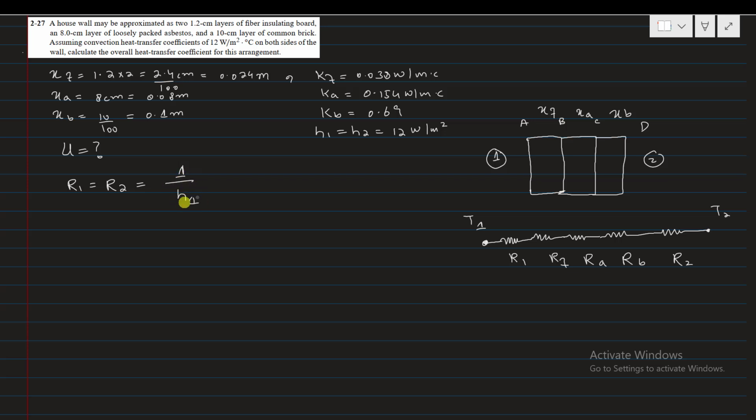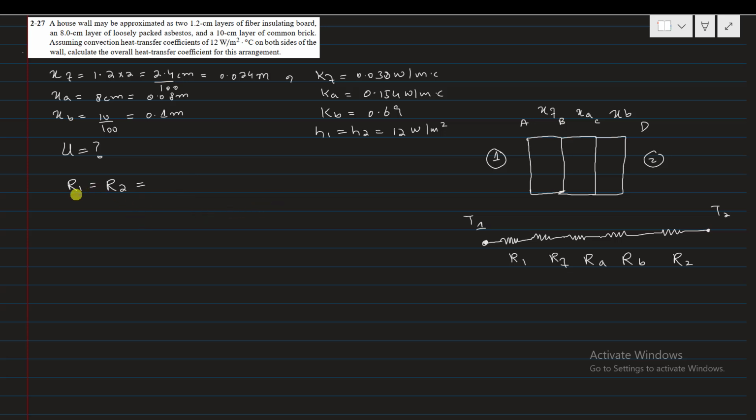We are taking the area common throughout. At the end it will be cancelled out, so don't get confused. When we reach that point, we will clarify that. Don't worry. So it will equal 1 over H1 or 1 over H2.